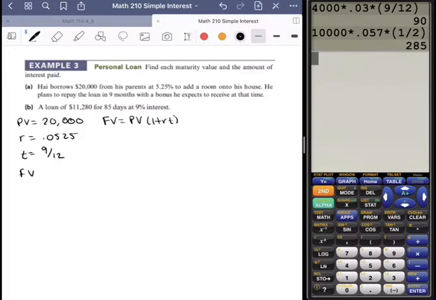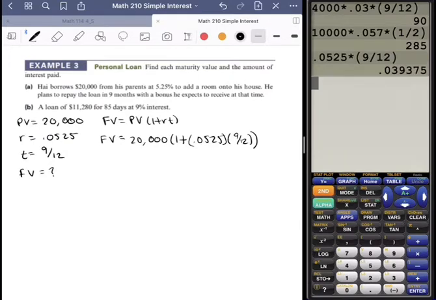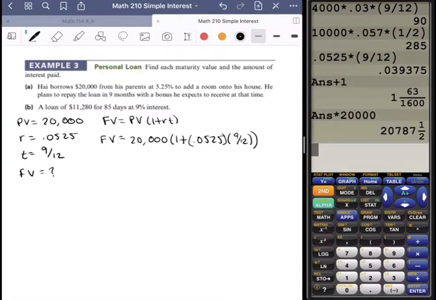So this means that I have future value equals present value, 1 plus R and T. So I have future value equals 20,000 times 1 plus 0.0525 times 9 out of 12, like this. So let's get that into the calculator. So I have 0.0525 times 9 out of 12, close, plus 1 times 20,000.